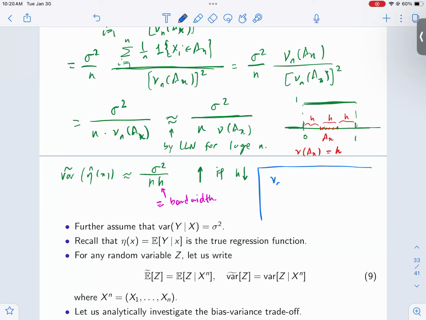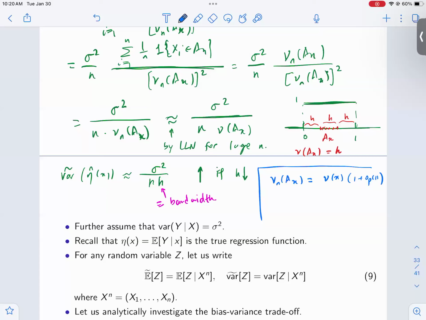So nu n a of x is really nu of x times 1 plus OP of 1. So it's like this plus something which is going to 0 in probability. OP of 1 equals 0 in probability. Then 1 over 1 plus OP of 1 is still 1 plus OP of 1.